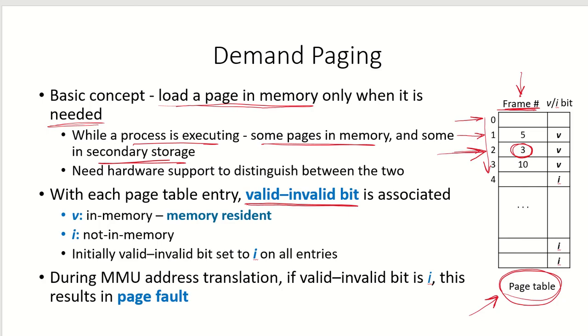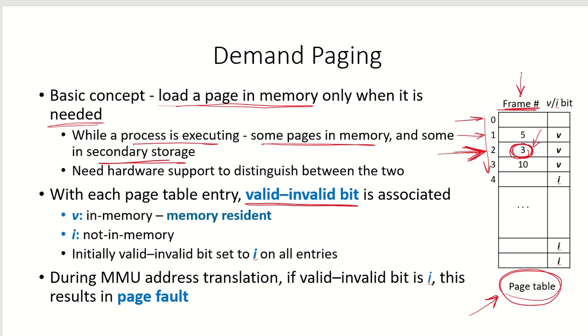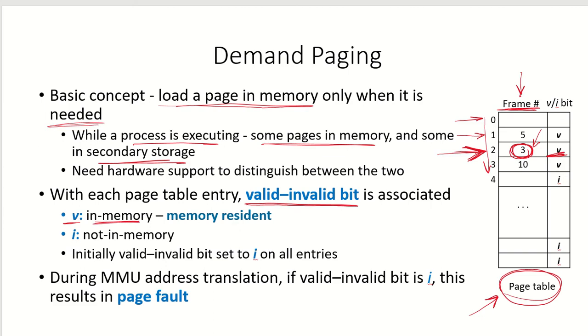So this shows that virtual page 2 is available in frame 3 of the main memory and it is valid. V refers to it being in memory. If it is in binary form, you can assign 1 for valid and 0 for invalid.